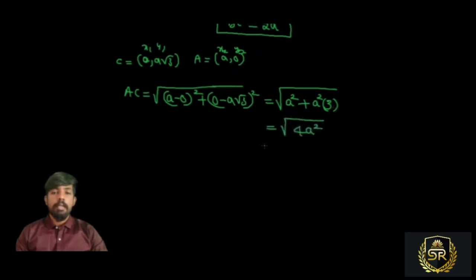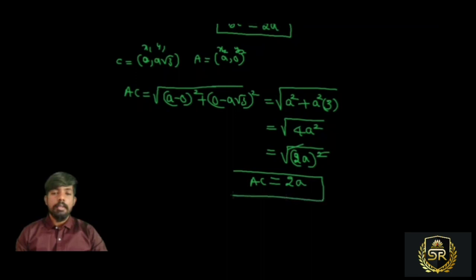We can write 4a square as 2a whole square. Instead of 4a square, I wrote 2a whole square. The square root cancels, so AC is equal to 2a.